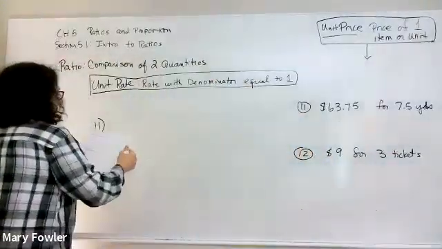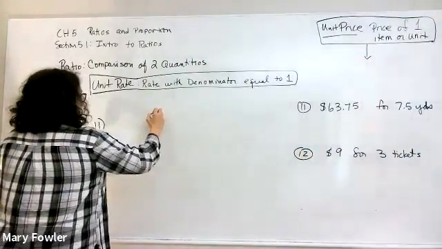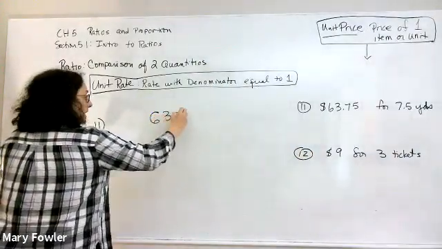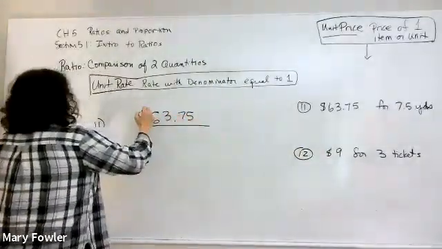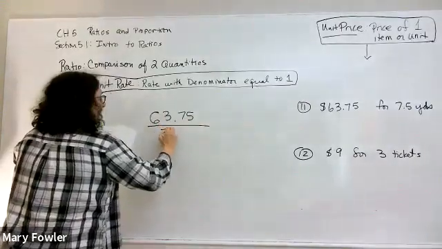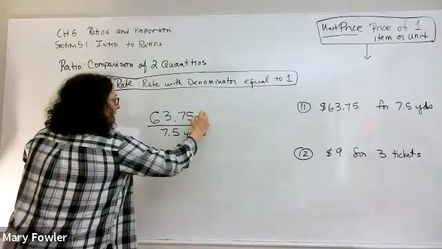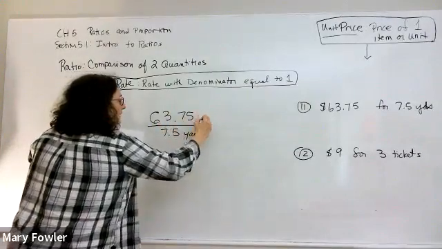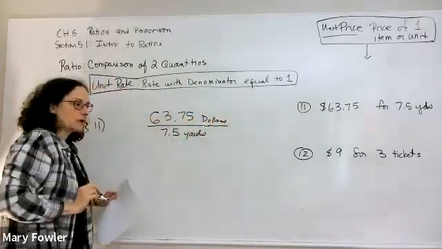So let's first write that as the rate, which would be $63.75 over 7.5 yards. So those are our units, dollars over yards.